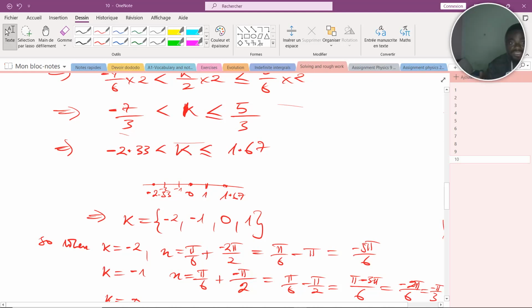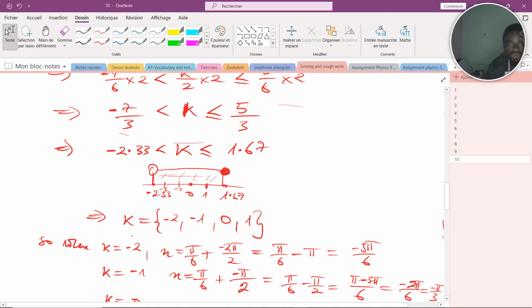Because our interval is open here and closed here, the integers we take must be inside here. And the only integers are -2, -1, 0, and 1. So this implies my k must be this.